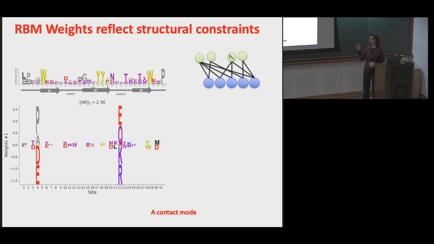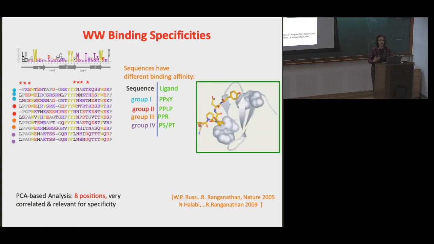So there are a lot of weights which are localized and correspond to the part of small eigenvalues, for example, in the correlation matrix, which is also very important for structural prediction. But then there are other weights which are less localized, and these, for example, are related to binding specificity.